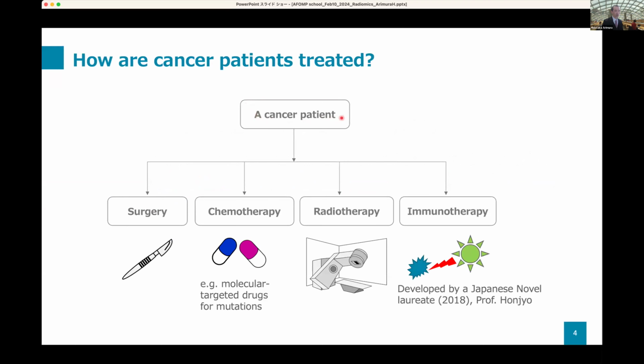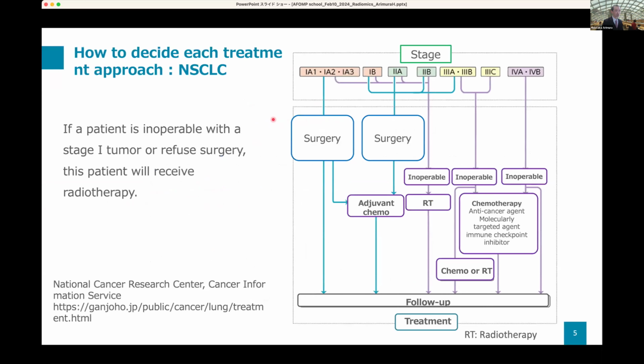So how are cancer patients treated? So here is a cancer patient. This patient may receive surgery, chemotherapy, or radiotherapy, or immunotherapy. But we have a guideline like this. This is a guideline for lung cancer and non-small cell lung cancer in Japan.